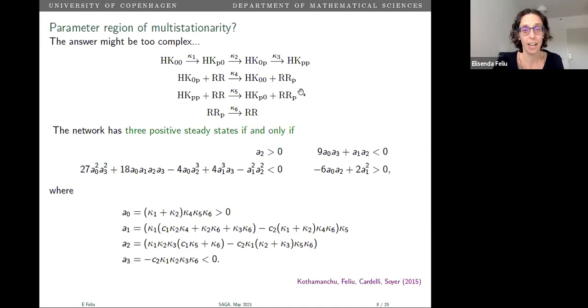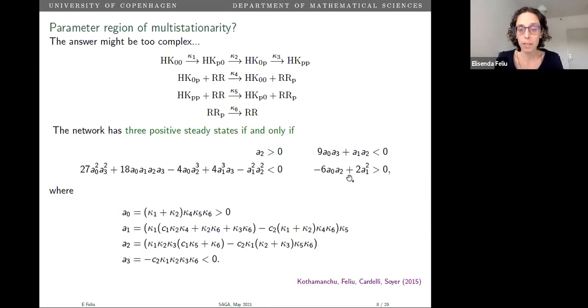Like this is a network that bacteria use to transfer a signal. And here one is lucky, one can decide that the network has 3 positive steady states, only if these relations occur. And each of these A's is a polynomial in my parameters, right?